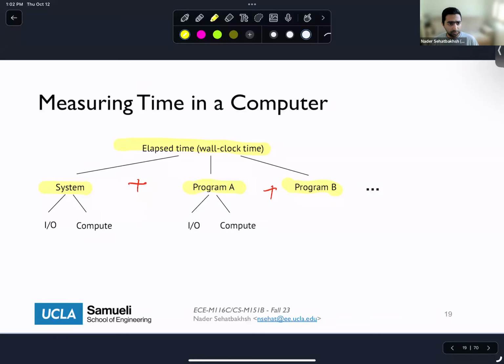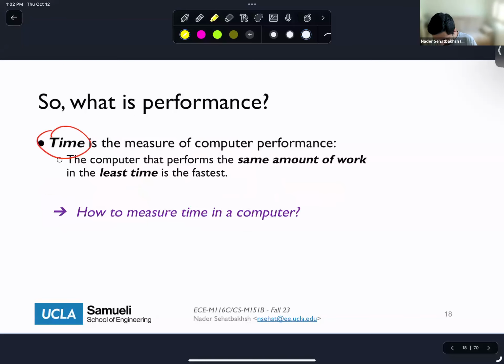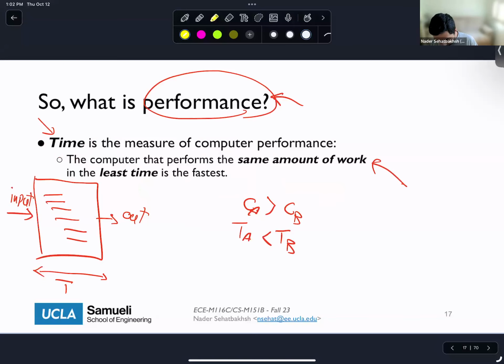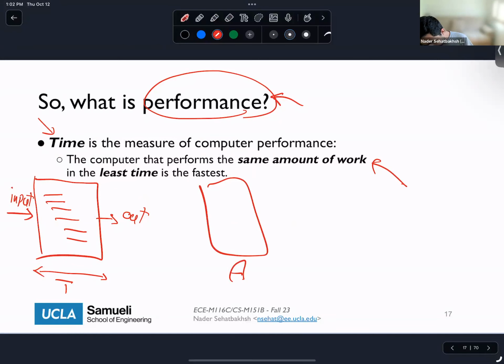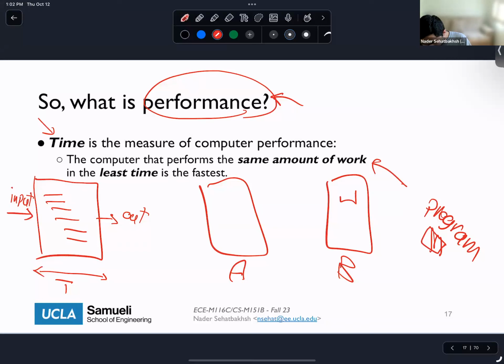Somebody asked, can you re-explain what CA, CB and TA, TB represent? Yes. This is computer A, computer B. If I have two computers, A and B, and a program that I run on these two computers, and now I measure time, this is TA and this is TB.